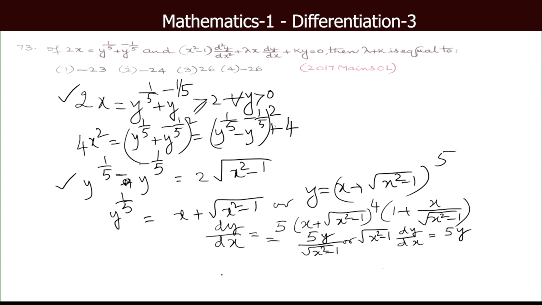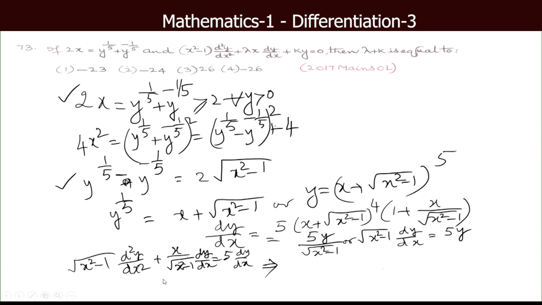Okay. So square root of x square minus 1 into d2y by dx2 plus x by root x square minus 1 into dy dx is equal to 5 dy dx.